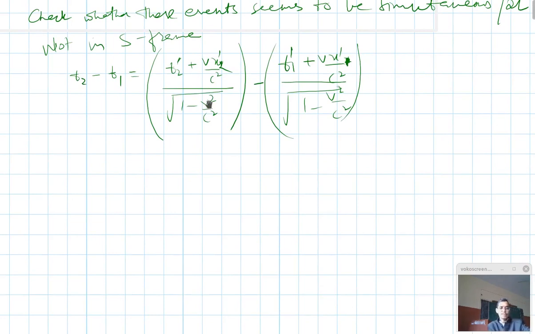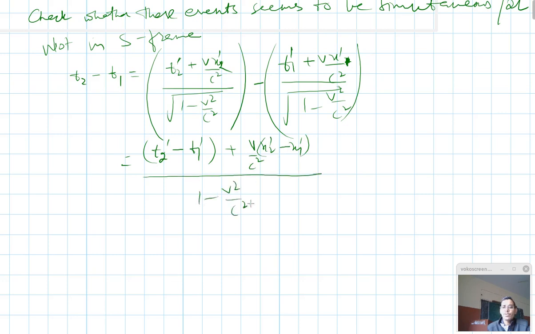Now let me simplify it. This is t2 prime minus t1 prime plus v times x2 prime minus x1 prime over c square, whole divided by the square root of 1 minus v square by c square.